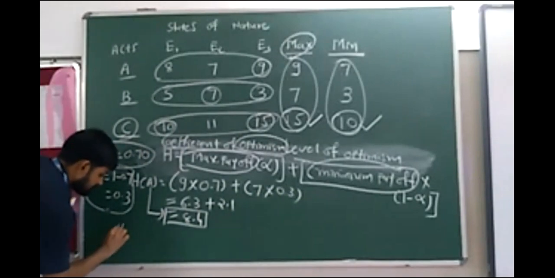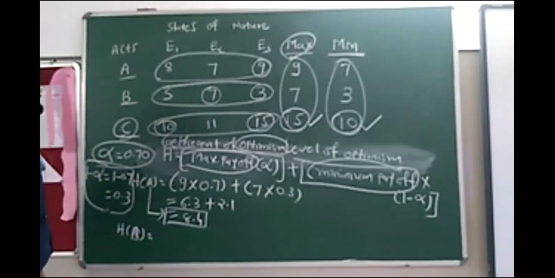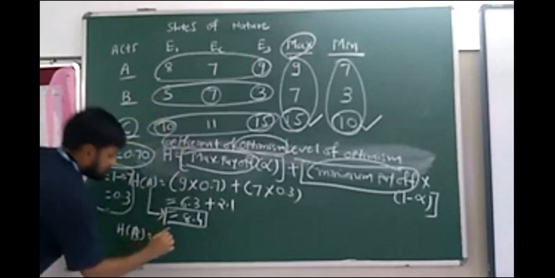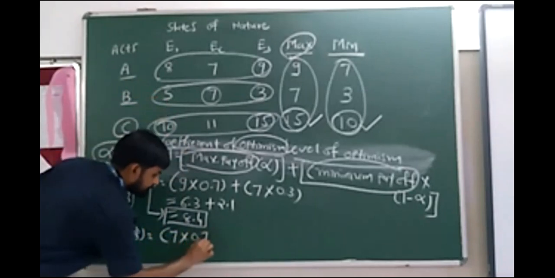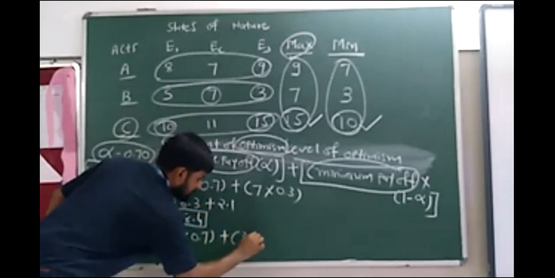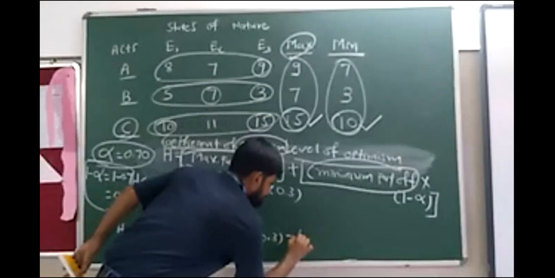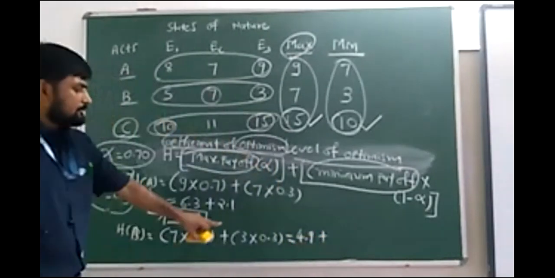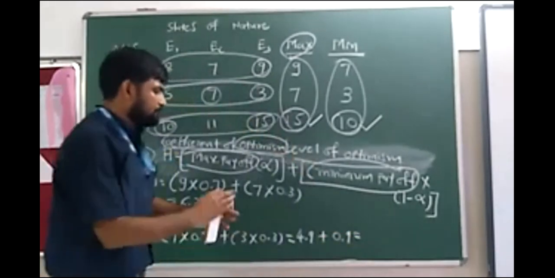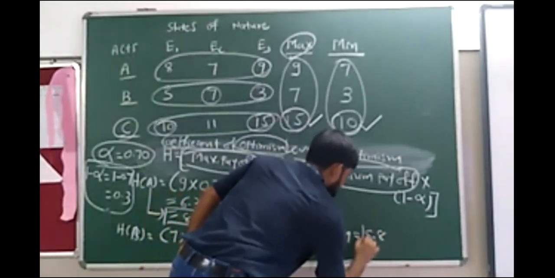Then we'll find the weighted average for act B. The maximum payoff for act B is 7 into alpha plus the minimum payoff for act B, 3, into 1 minus alpha. That is 7 into 0.7, 4.9, plus 3 into 0.3, that is 0.9. When you add these, you get 5.8.